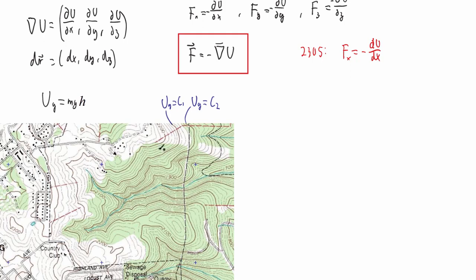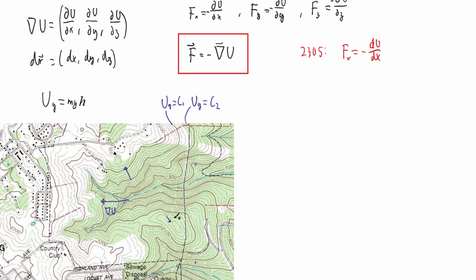You may recall that the gradient of a potential, or the gradient of any function, is going to be perpendicular to these lines. So it's going to point uphill. If the gradient is large, it corresponds to a steep hill. A small gradient corresponds to a not so steep hill.